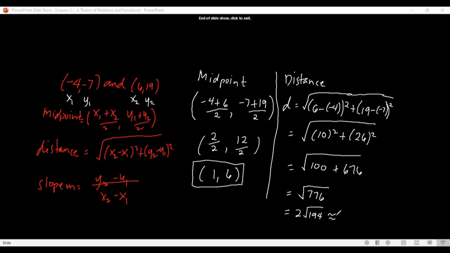Pag ginawa natin yung approximate niya, ay pwedeng 27.86 units. Okay? So, yan ang ating magiging sagot sa distance nung dalawang points.